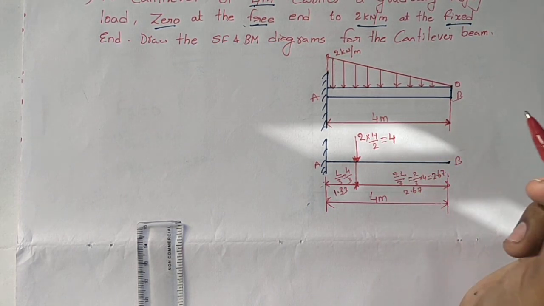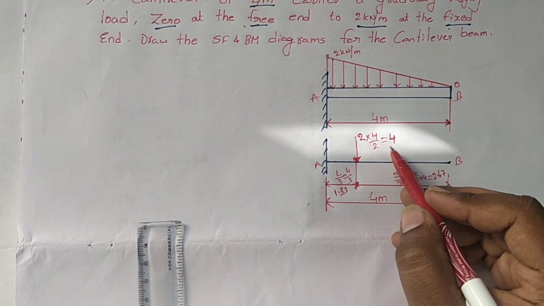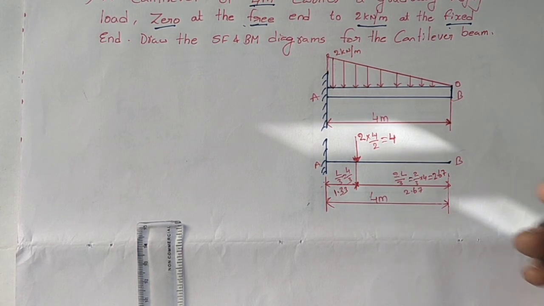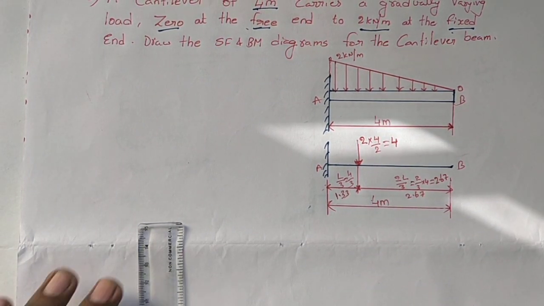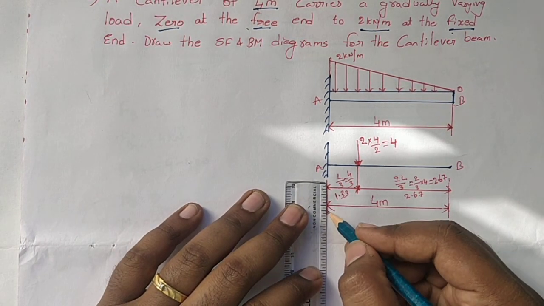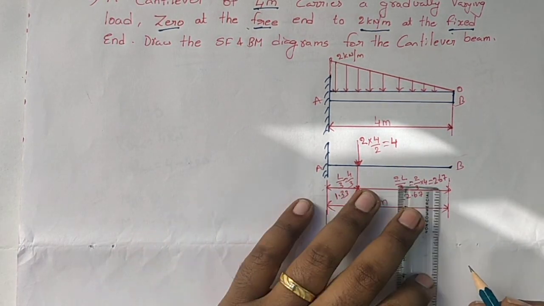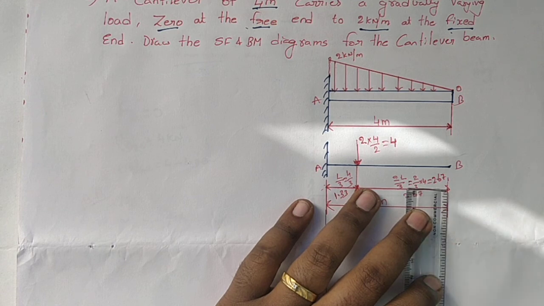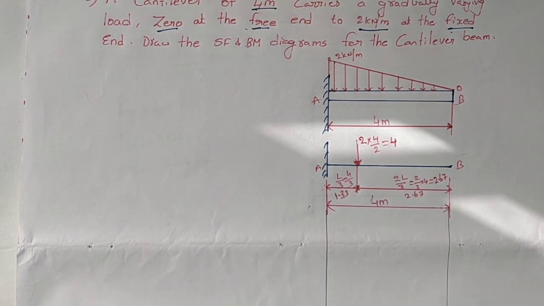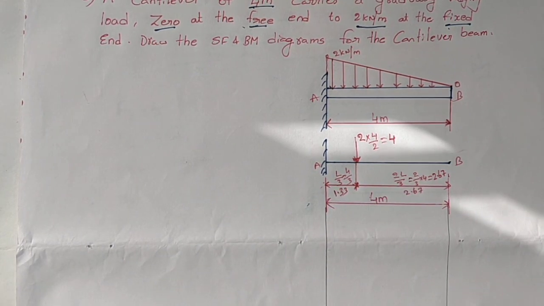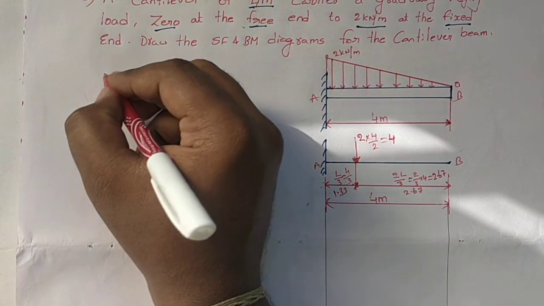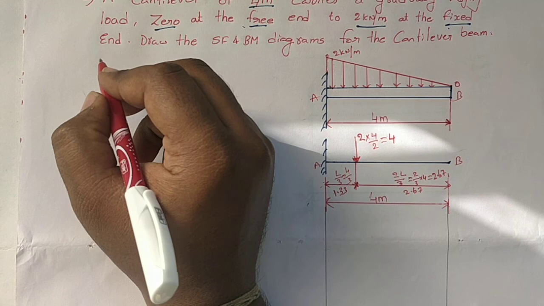This is the converted load. From this we need to calculate shear force and bending moment values. Based on those values we can draw the shear force and bending moment diagrams, with the variation between points A and B.